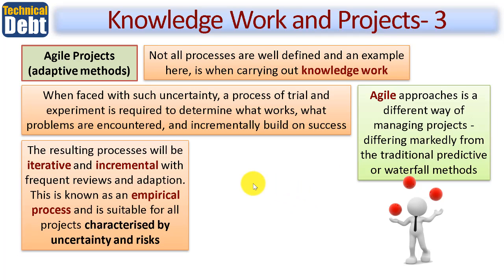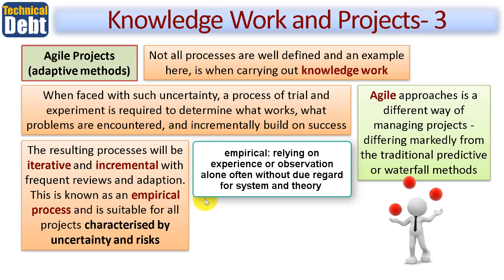So the resulting processes within an Agile project will be what's known as iterative and incremental. Now these two terms are often considered to be one and the same, but they're not, and I shall explain that in the next slide. So the processes will be iterative and incremental with frequent reviews and adaptation. By adaptation, we mean adapting the features and indeed how you are implementing them.